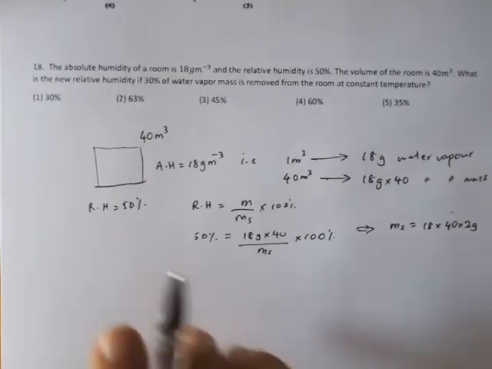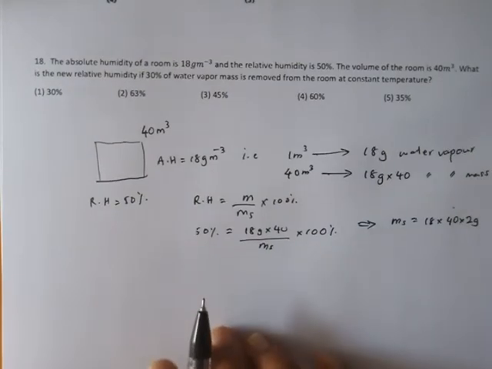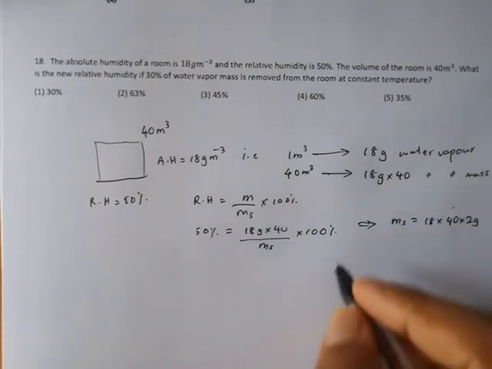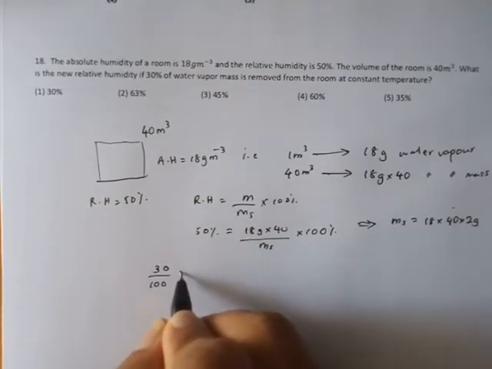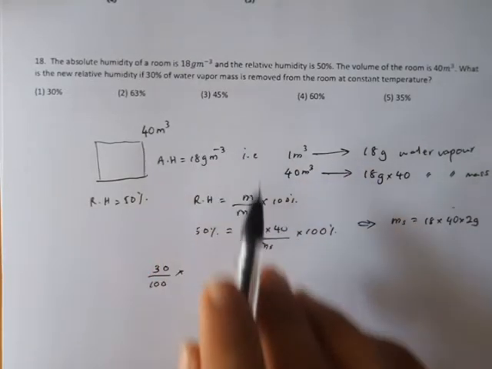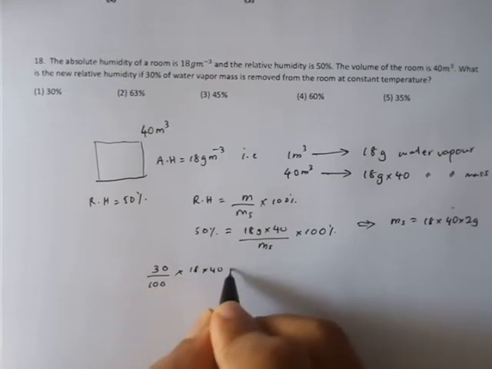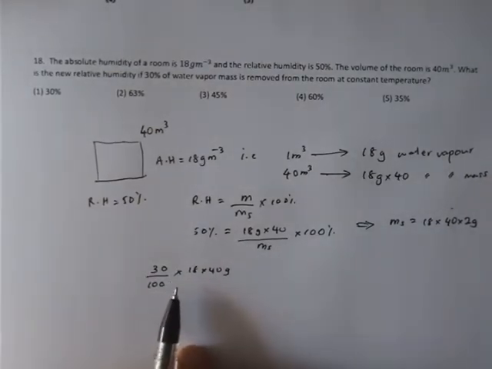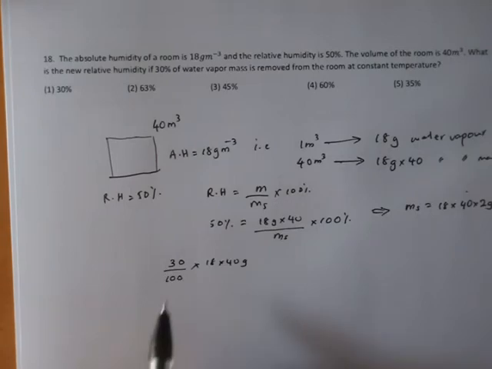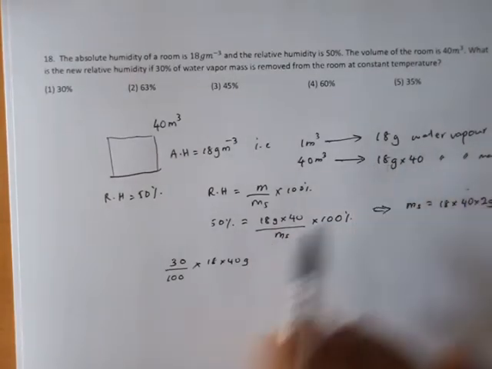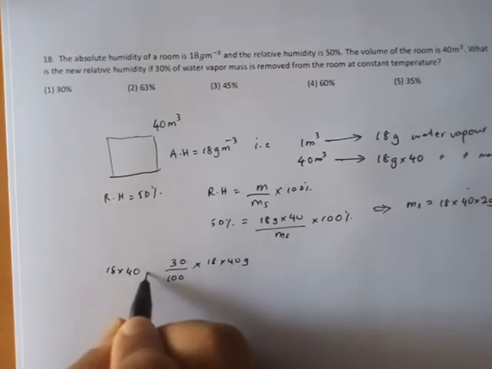Okay, and then it says 30% of the water vapor mass is removed, so I can write the removed water vapor mass is 30% of the water vapor mass, 18 into 40 gram. So this is the removed water vapor mass. So the remaining water vapor mass I can get by subtracting this value from the total vapor mass, 18 into 40 minus this value.